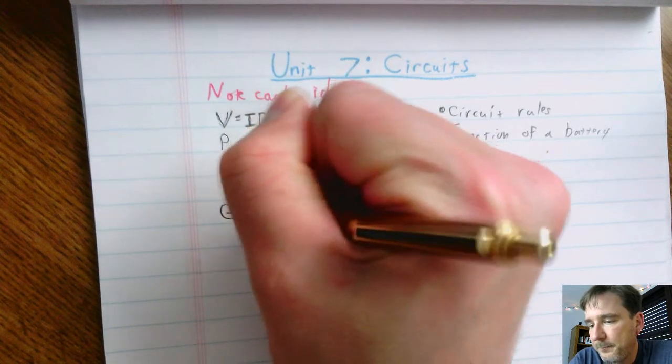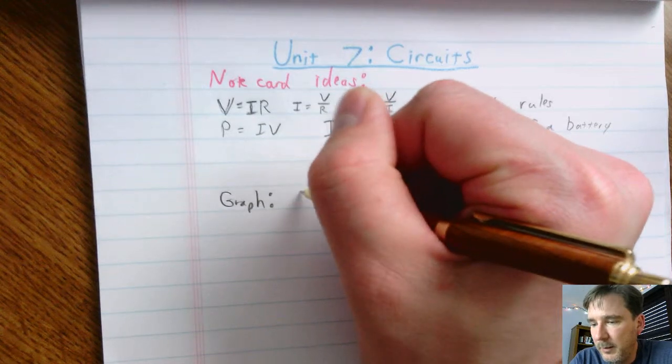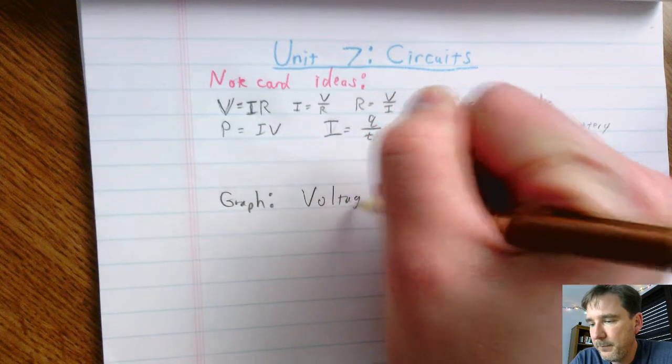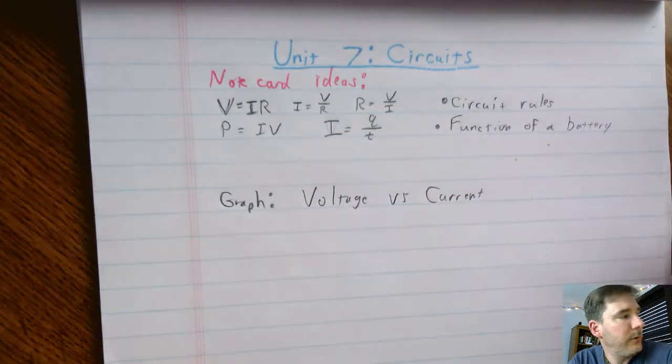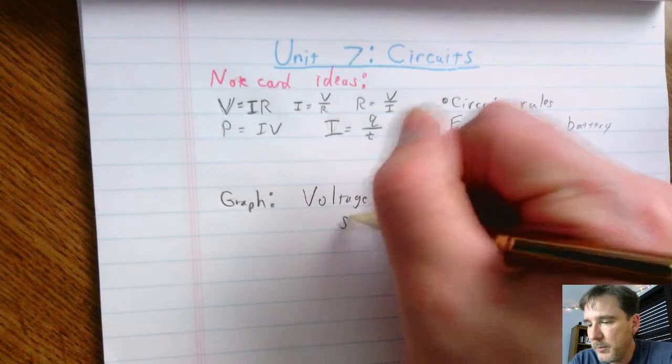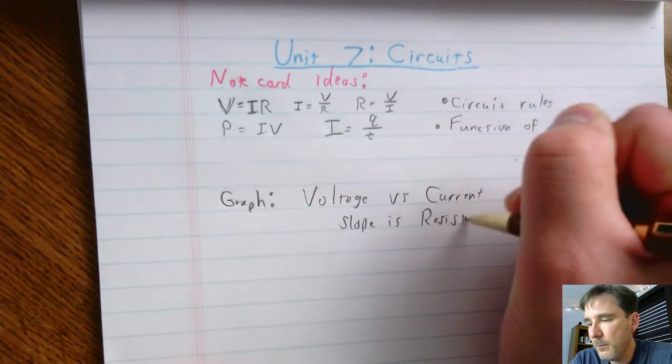So for a graph of voltage versus current, whenever you have voltage versus current, the slope is resistance.